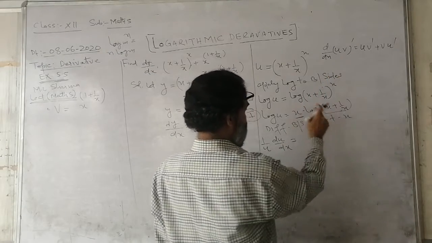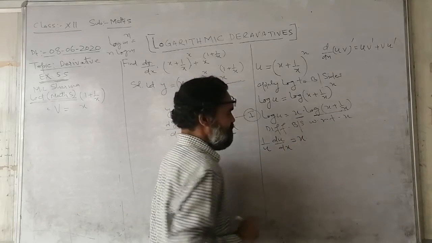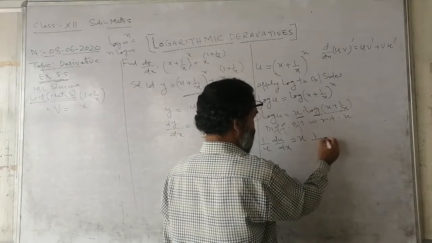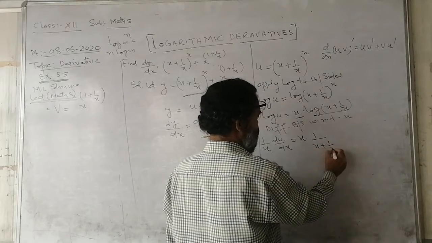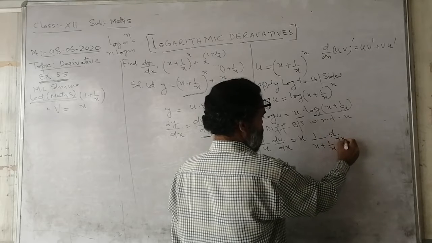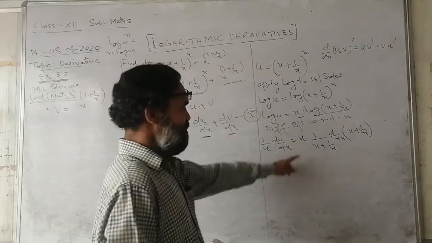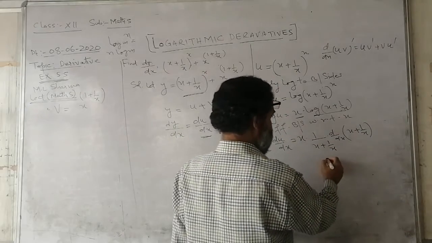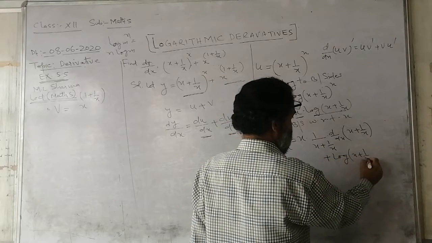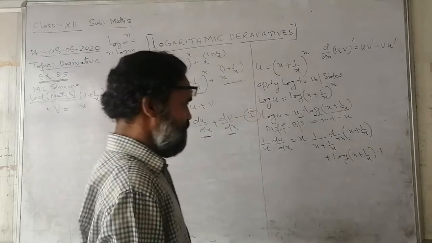So this formula will be applied here. So this will be first function, x, into derivative of second, so its derivative will be 1 upon x plus 1 upon x into derivative of x plus 1 upon x, so first into derivative of second plus second function into derivative of first, that is x, its derivative is 1.